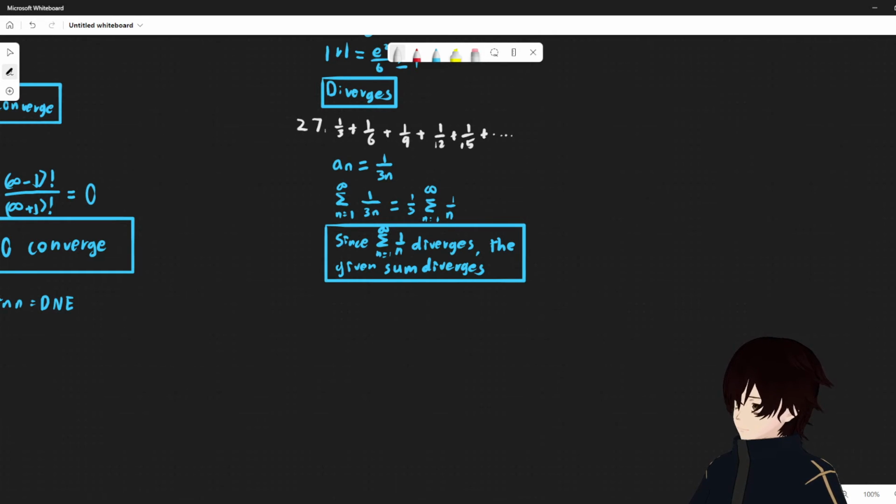Next up, 29. We want the sum from n equals 1 to infinity of 2 plus n over 1 minus 2n.